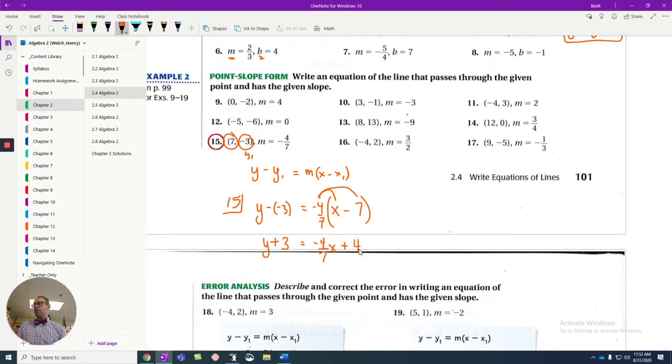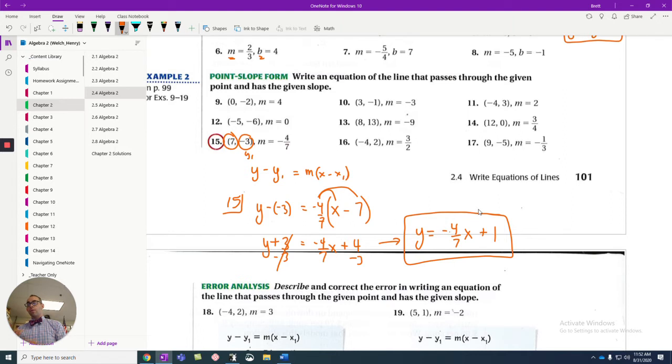If you don't trust me, use a calculator, make that calculation. The only thing wrong with this is y is still not quite alone, so I need to get rid of this +3 by subtracting 3 from both sides. That would leave me with the final answer of y equals -4/7 x plus 1.